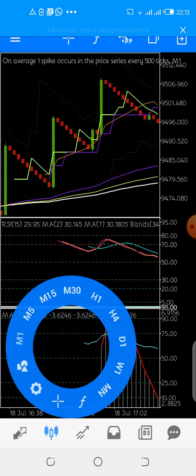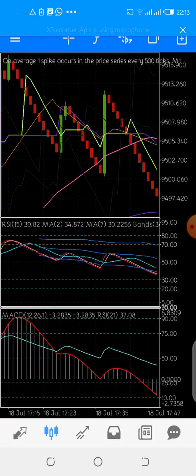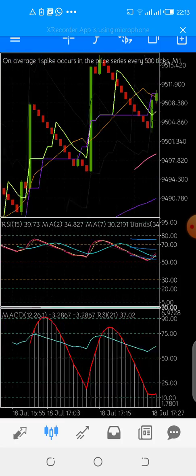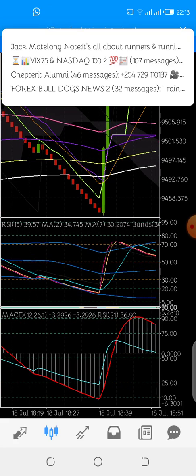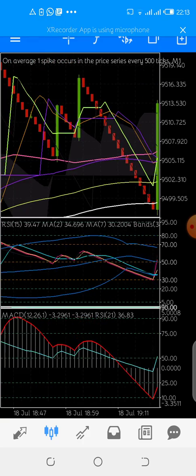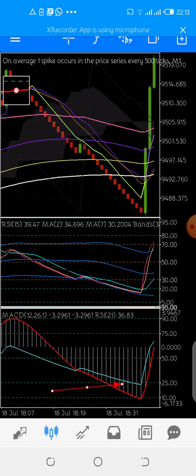Sorry, I don't know what happened. Oh, my chart was still moving. Okay, so we've lost that. It went to the extreme. I was trying to show you over level. Look here again. Look here. We touched and boom, it spiked. Okay, we touched and boom, it spiked.